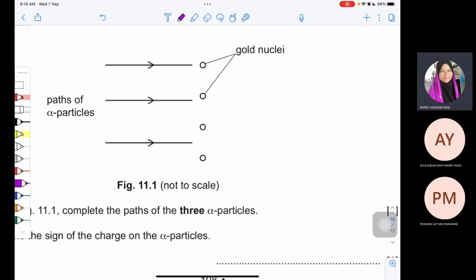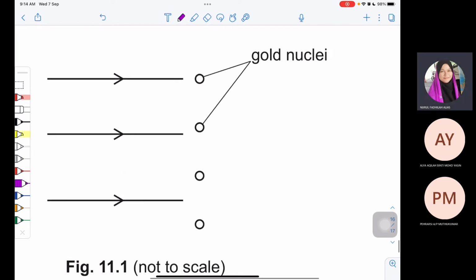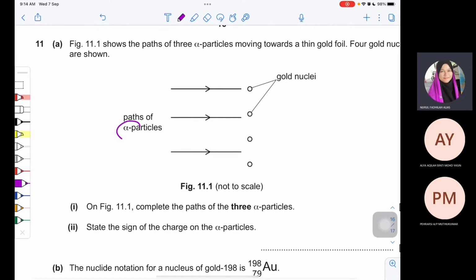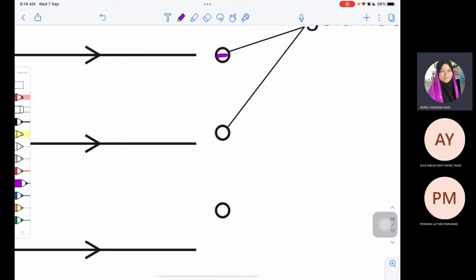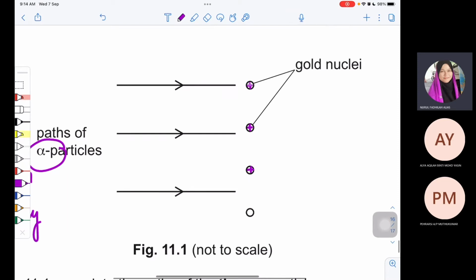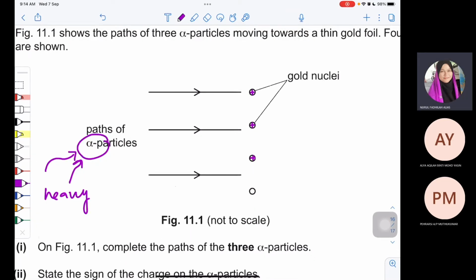Apa ciri-ciri alpha? If you want to answer this question, you kena tahu ciri-ciri alpha particle. Dia positive, dia heavy. Senang saja, heavy and positive. Jadi then gold nuclei, kita tahu dia positif. So dia akan reflect.